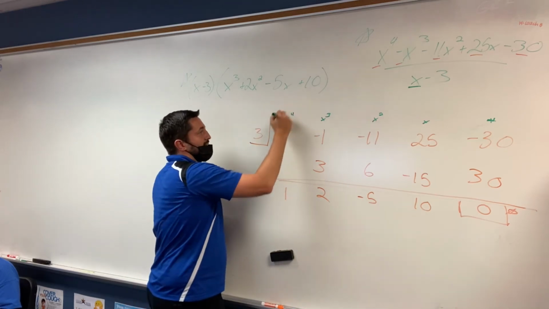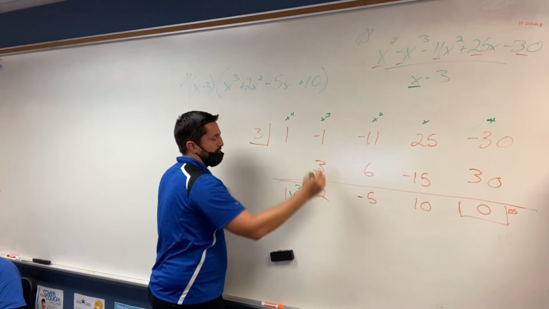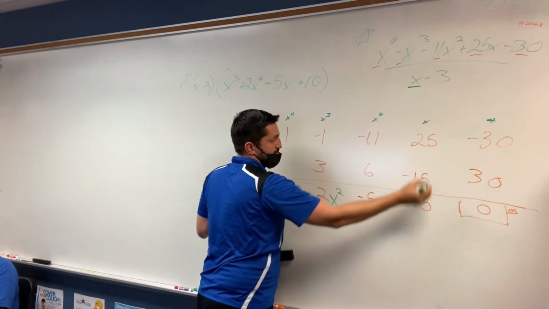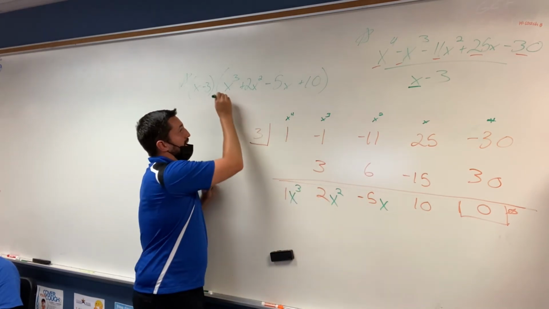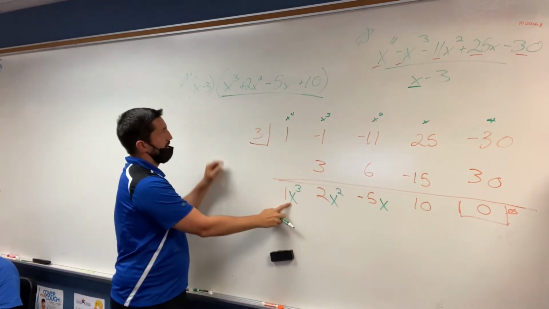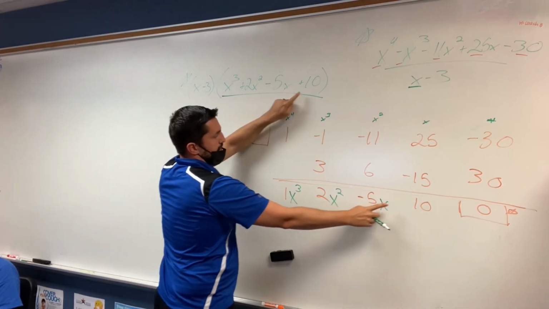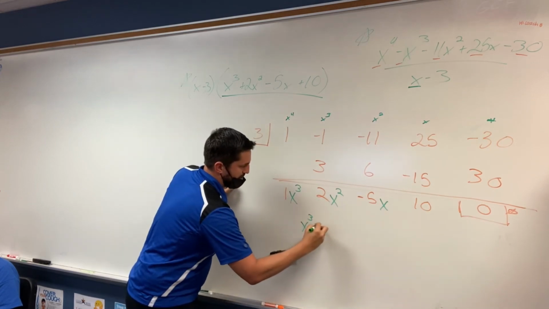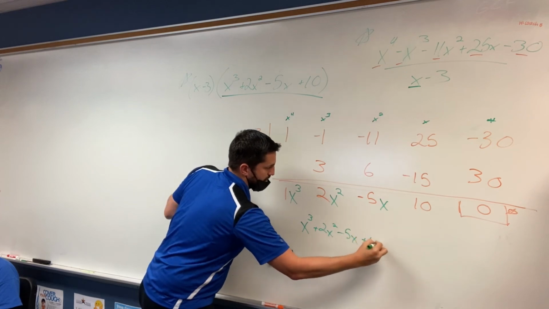So now the x to the 4th column becomes x cubed. The x cubed column becomes x squared, and so on. And now x becomes nothing and we're done. And this is the same thing as this. We have x cubed plus 2x squared minus 5x plus 10. So you would literally just bring them back in, to have your actual answer right here, and you're done.